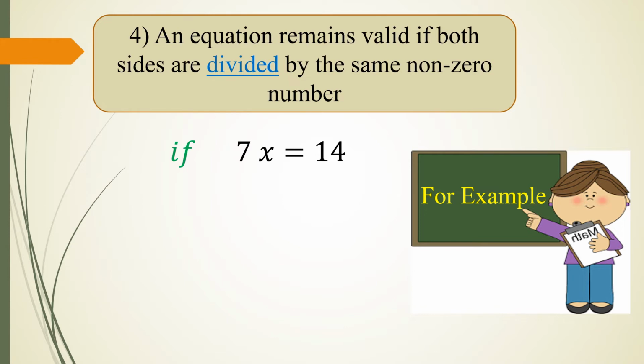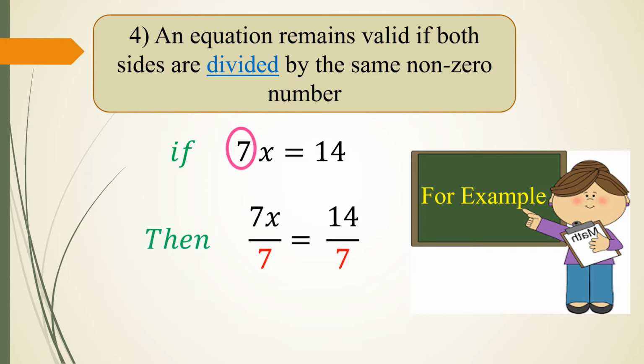So I will divide both sides by the same non-zero number, 7. So 7x divided by 7 equals 14 divided by 7. On the left-hand side, we cancel 7 and 7. So the left-hand side will be x, and the right-hand side equals 14 divided by 7 equals 2. Then x equals 2.